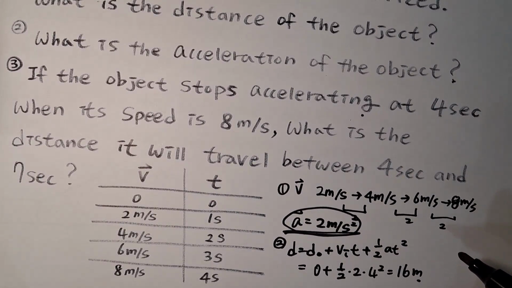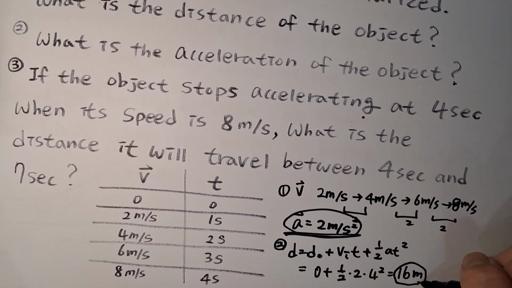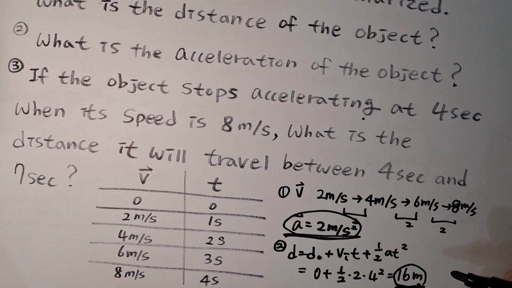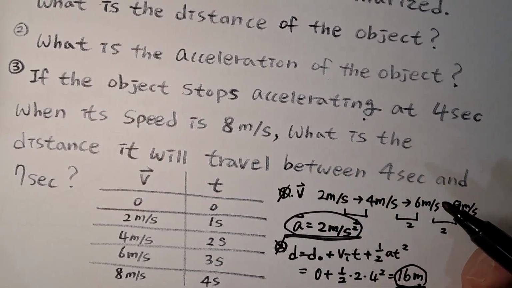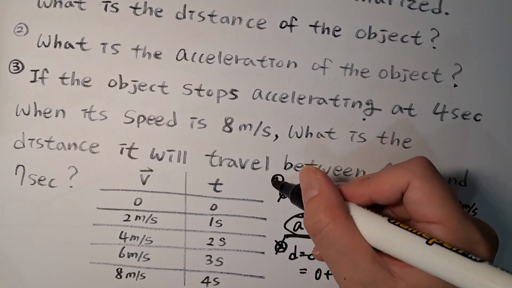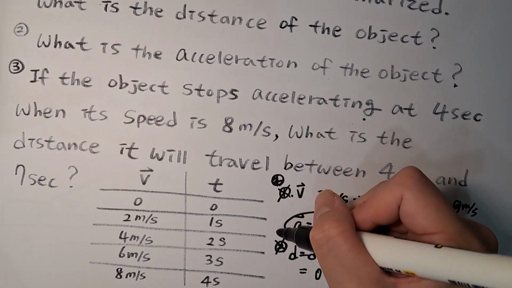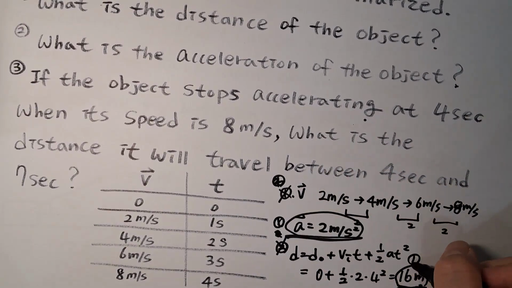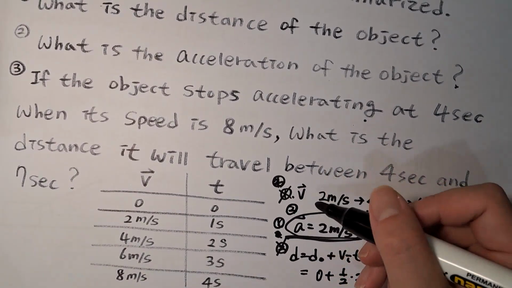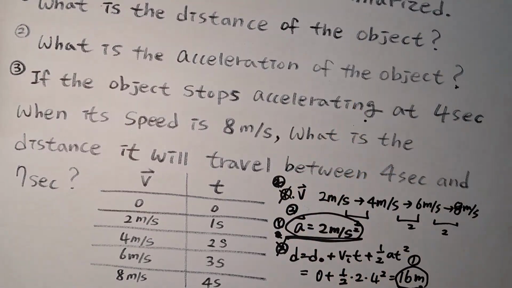So the distance of the object is going to be 16 meters. So this is the answer to the first question, and this is the answer to the second question.